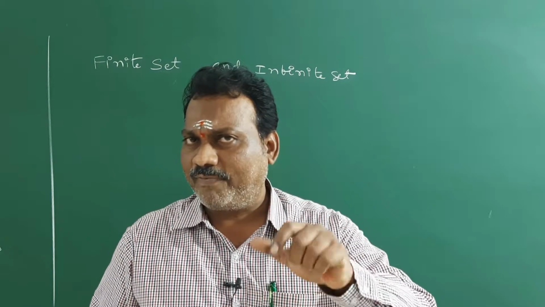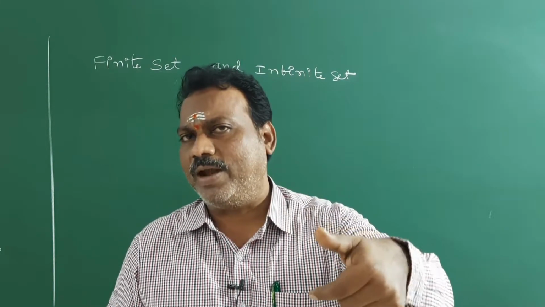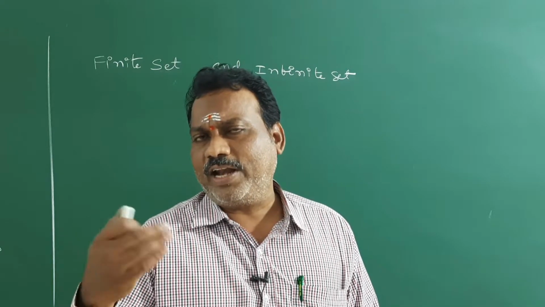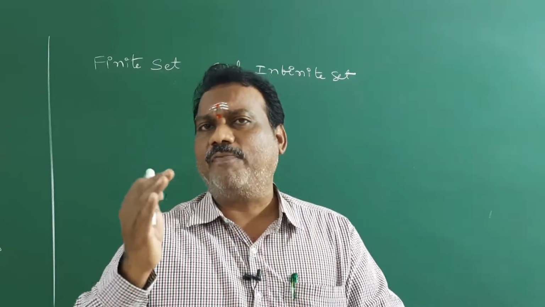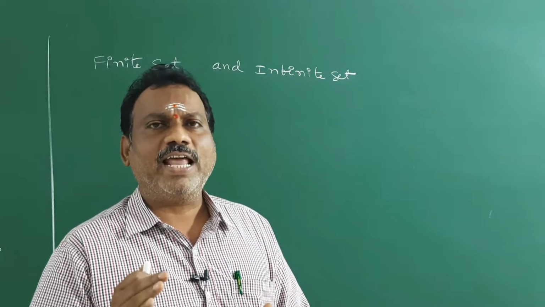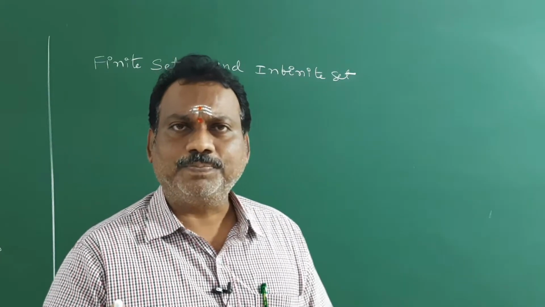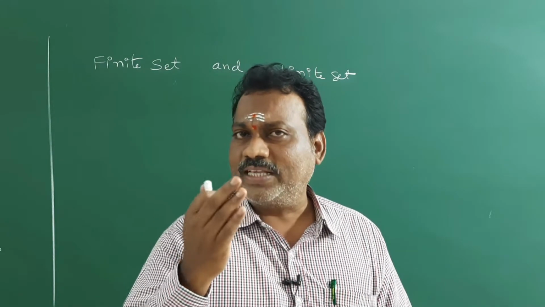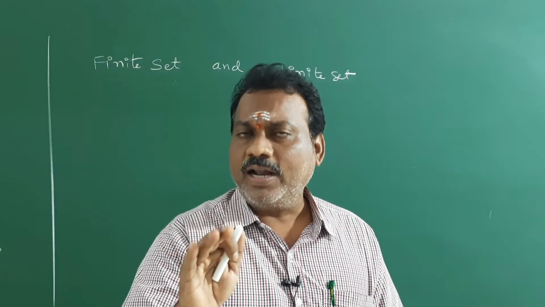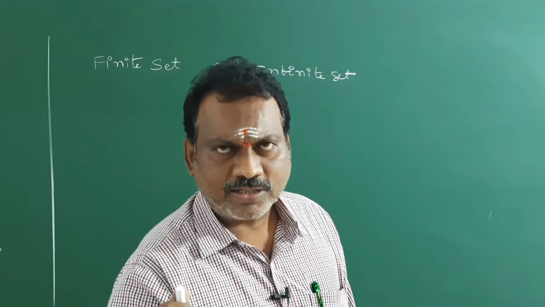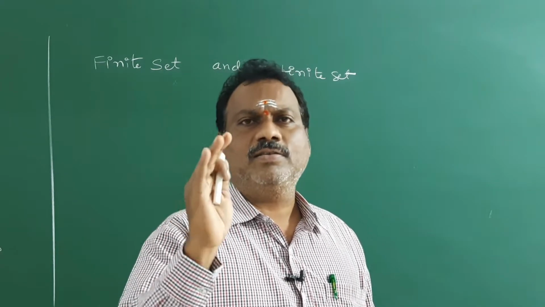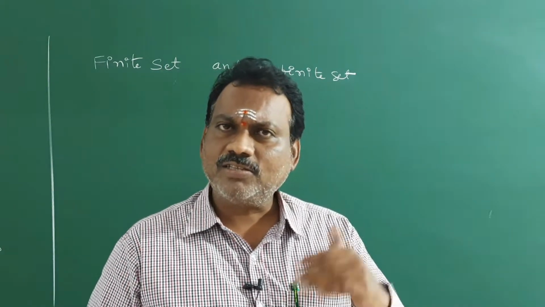What is the other name for finite? Definite number of elements. What is the other name for infinite? Indefinite number of elements. So you can define a finite set as a set which is empty or has a definite number of elements. Empty set is also finite. Why?